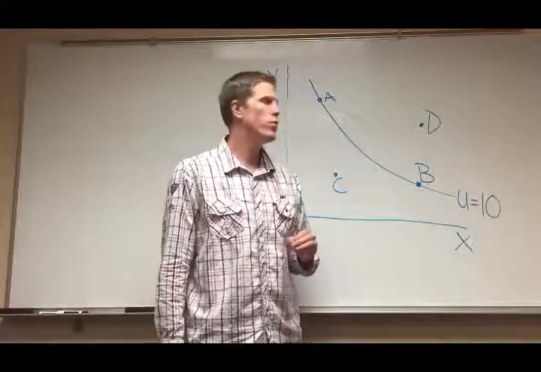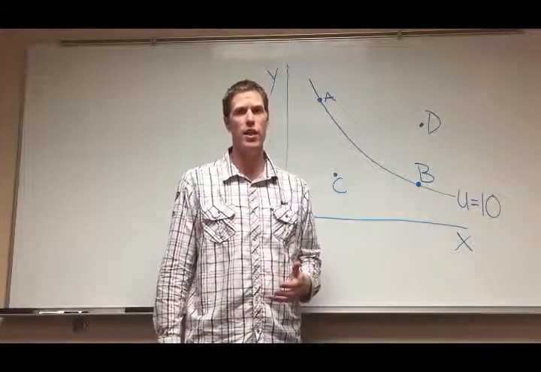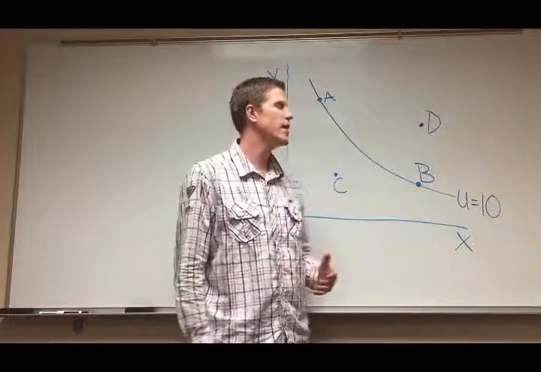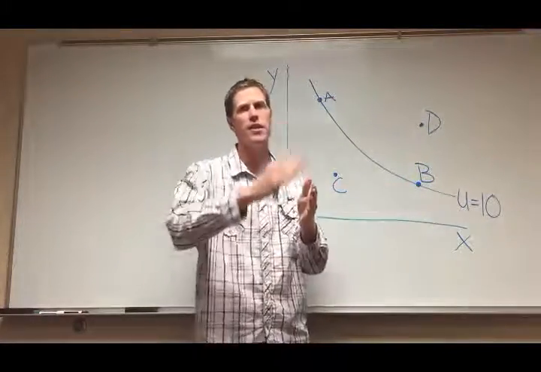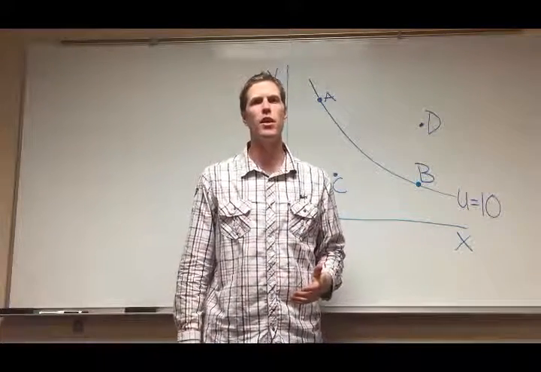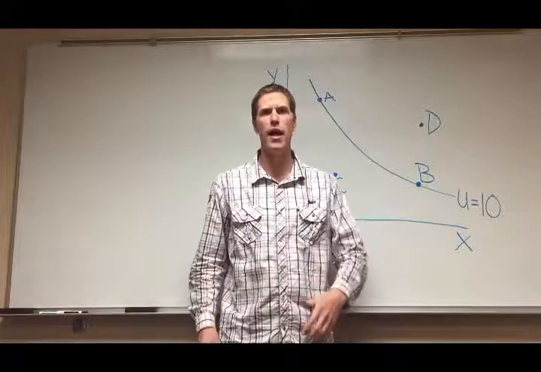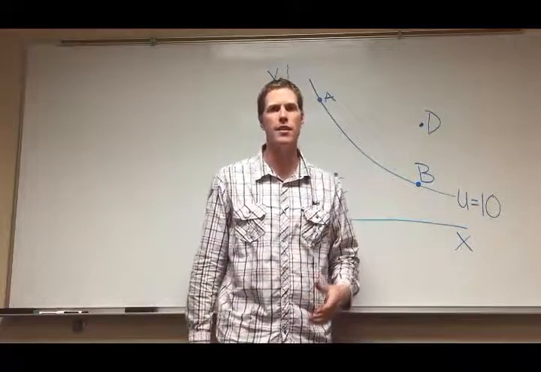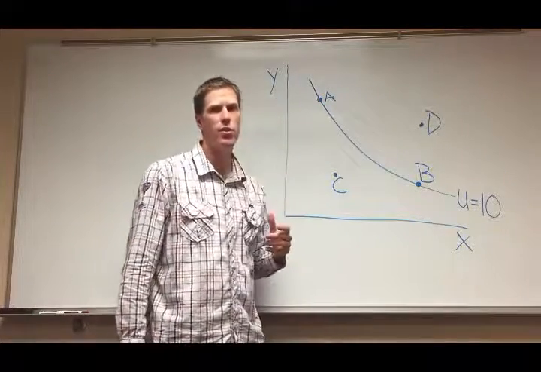And the fact that we like variety, that we get diminishing marginal utility from the consumption of something, is going to give us the curved shape of the indifference curve. And the second assumption is that more is preferred to less, okay? And that is going to help us interpret this graph.